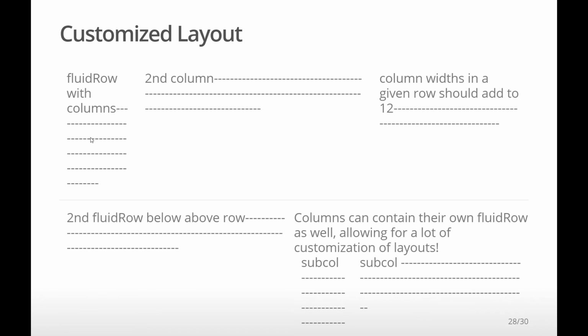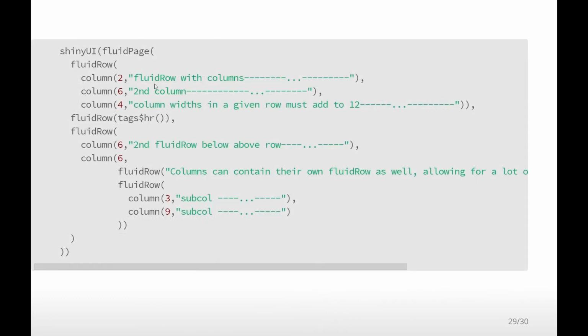A fluid row, first column, second column wider, third column a little bit smaller. So we go in here to our UI, a fluid page wrapped around all of this stuff. We have a fluid row with 3 columns. Within the columns, we can basically put our UI elements. Instead of a quoted string of text here, of course, you could just put a widget. You could put an output from your server file, whatever you want to put.